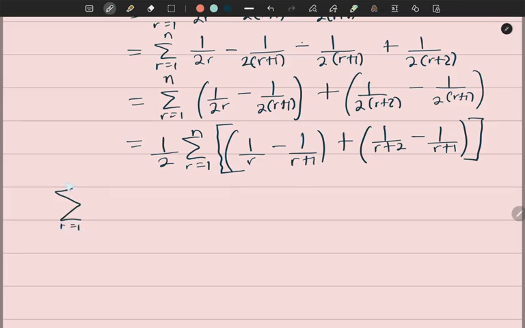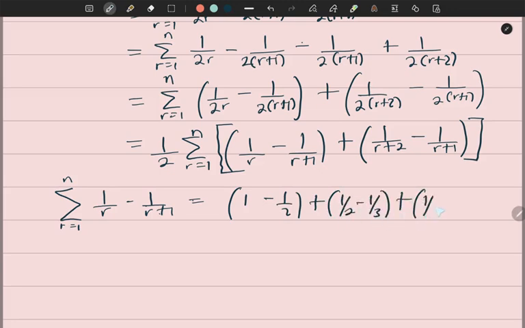Okay, so by starting with this, we have summation r equals 1 to n, 1 over r minus 1 over r plus 1. You can see the difference there is 1. If you check the denominator, this is r, this is r plus 1. It means that you have 1 minus 1 over 2, 1 over 2 minus 1 over 3, 1 over 3 minus 1 over 4.